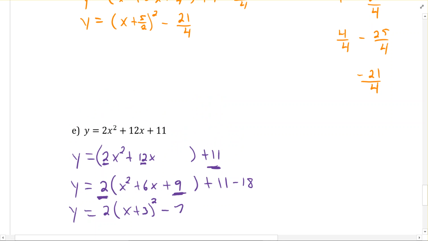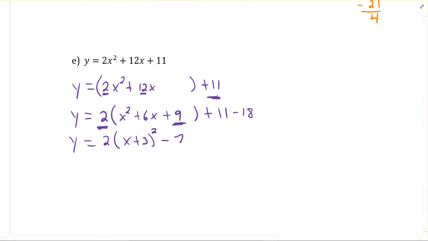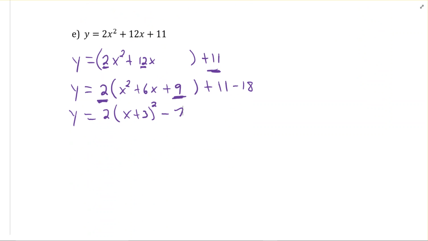Okay, so hopefully you guys did okay following that kind of logic. I just want to show you one last little bit of a confusion. Let's say there was a negative sign there and a negative sign there, right? That was negative and that was negative. Let's do that one quick.